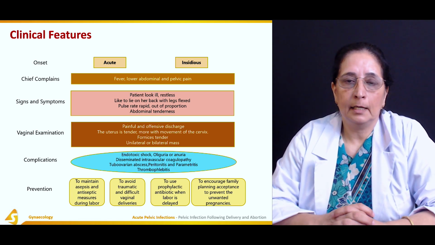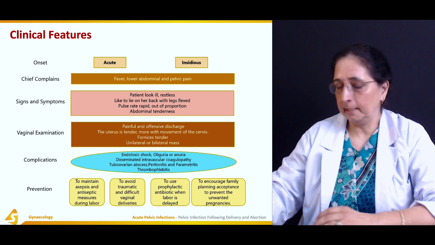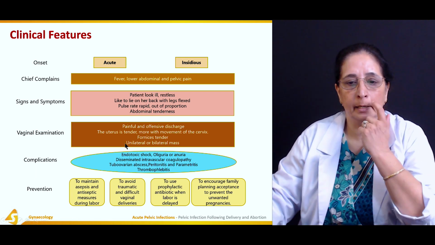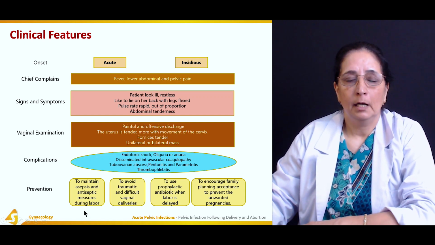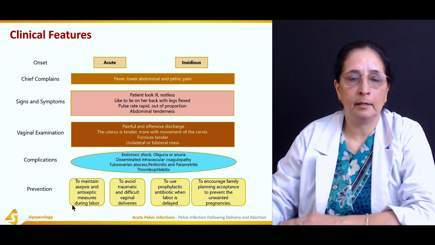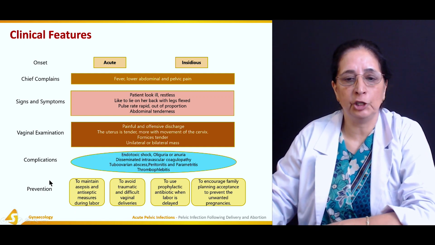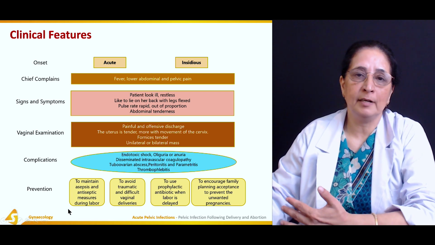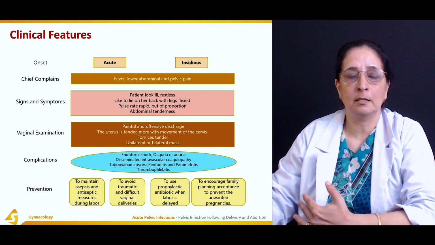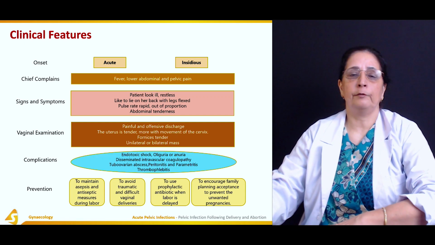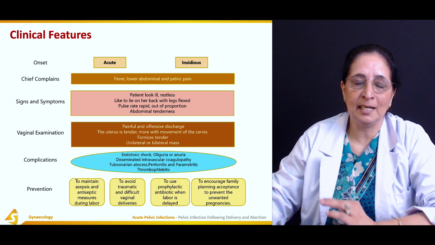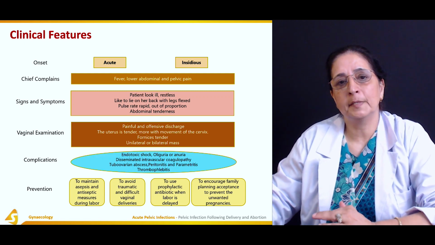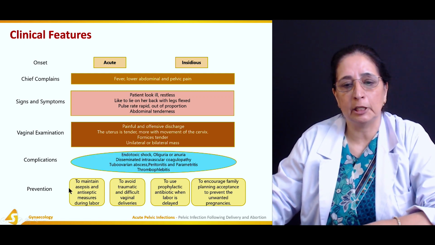To prevent this serious condition, we maintain asepsis during labor. It's important that delivery be performed under completely hygienic conditions. In some areas, deliveries are performed at home under unhygienic conditions, and these are the circumstances which can lead to these conditions.